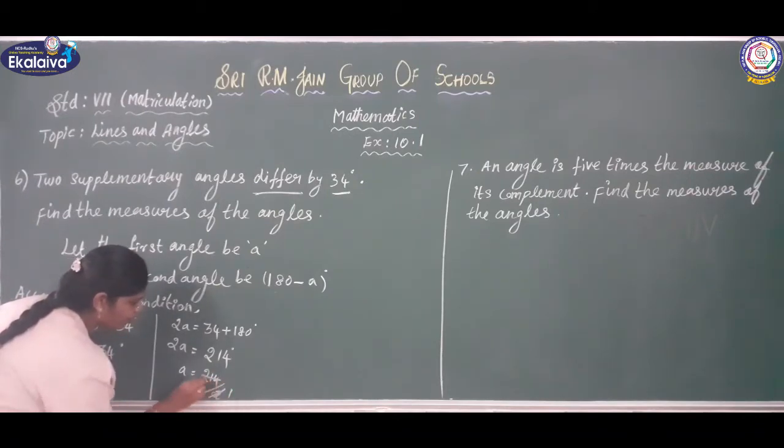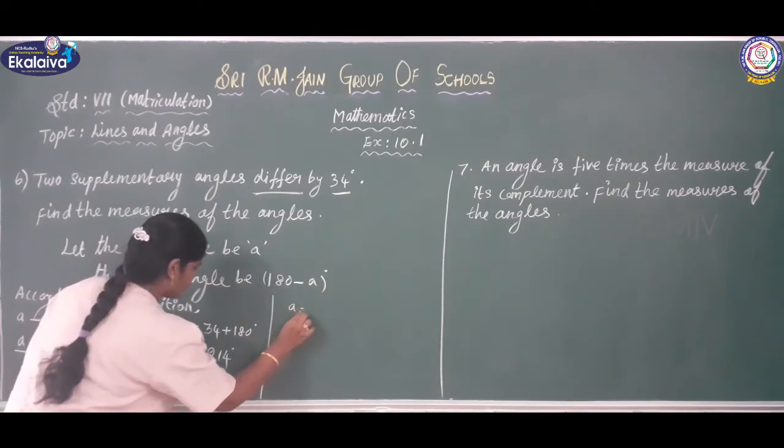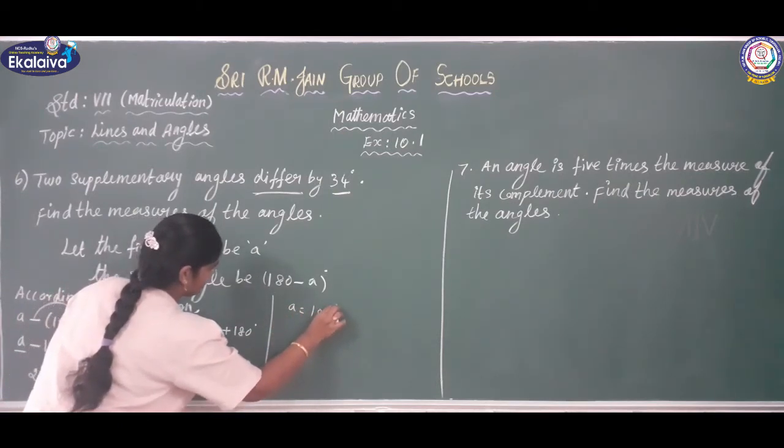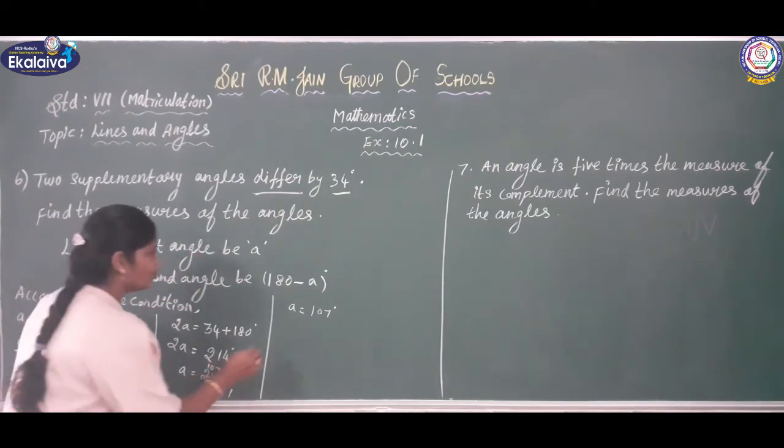2 ones are 2, here 0 we can't divide, so 14, 7 2s are 14. So A equal to 107 degree. Okay, so A represents the first angle. And what is the second angle, children?